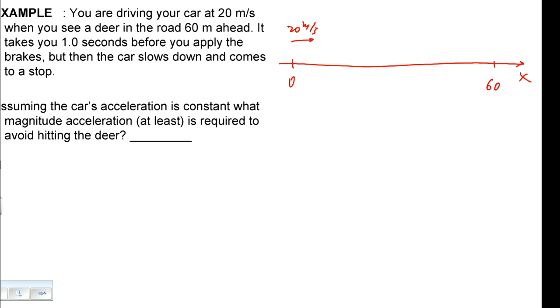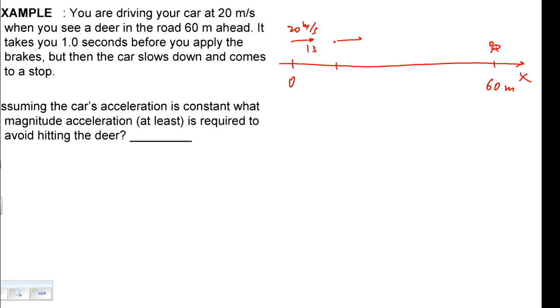That's 60 meters away. You see a deer. And your reaction time, a standard average human reaction time, is 1 second. So for 1 second, you've been just traveling at 20 meters per second. So 1 second. And then you applied the brakes.